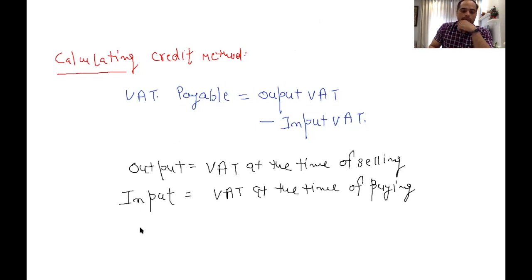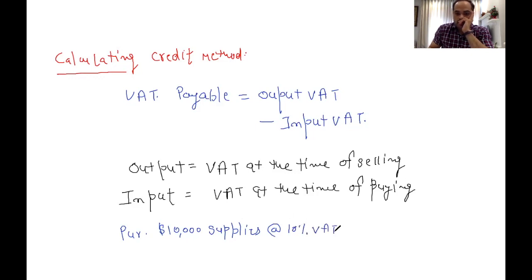For example, a company purchased, let's say, $10,000 supplies, and at that time, the company was paying, let's say, keep it simple, 10% VAT, right?